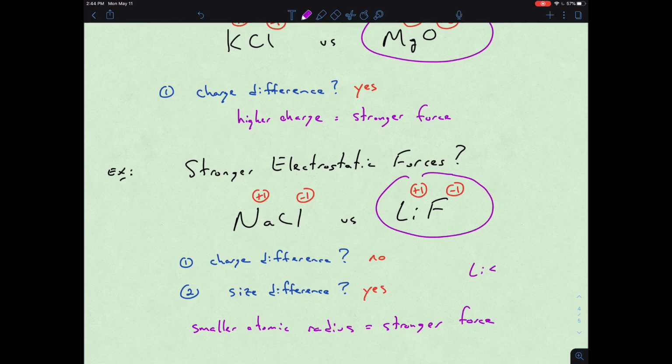Lithium is smaller than sodium. Fluorine is smaller than chlorine in terms of size. So that's the idea with electrostatic forces. Electrostatic forces are some of the strongest forces out there, and every ionic molecule has these electrostatic forces. So it's actually the other reason why we see a lot of these in the solid state on our planet, at 1 atmosphere, 25 degrees Celsius, et cetera.